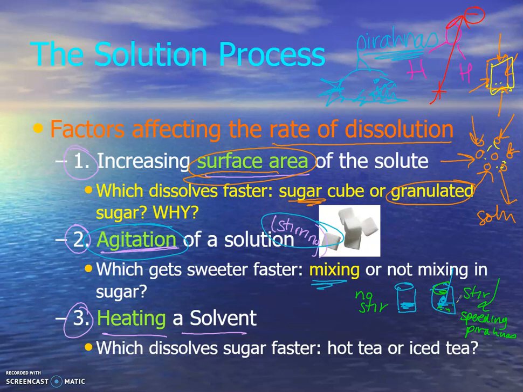and they are going to get at all the little sugar molecules a lot faster. All right, and the third factor is going to be heating your solvent. Hot tea will dissolve sugar faster than iced tea. That's why on all of your beverages it says shake before drinking, because they want you to shake up and mix it all in there. Give it a little bit of energy, a good shake.